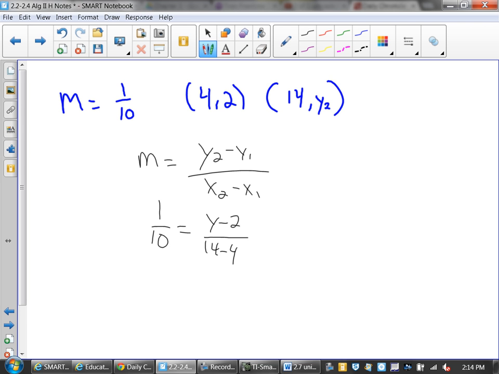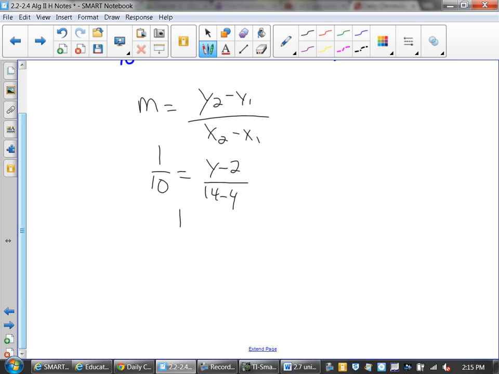Now, there are 2 ways of going about this problem. This one happens to be a very, very simple one to solve. The generic way of doing it is the following. Whenever you have fraction equal fraction, how do you solve that? You cross multiply. So in this case, 1/10 is y minus 2 over 10, and I would get 10 times y minus 2 is 10 times 1.